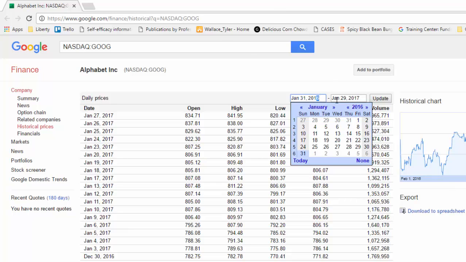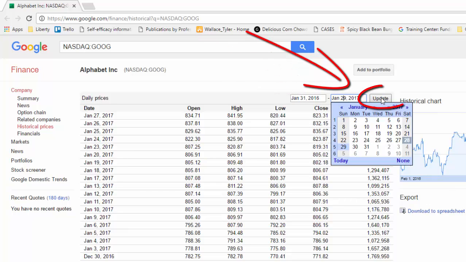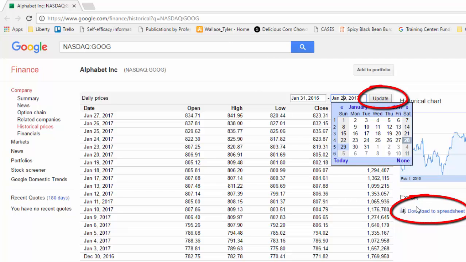You're going to change the dates here and here to match the dates for the project, and then click Update. Once you update, you're going to click the Download to Spreadsheet option, and then you're going to use that as you work through the project problems.